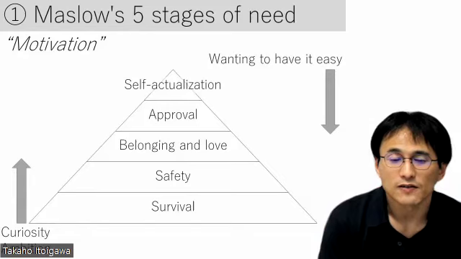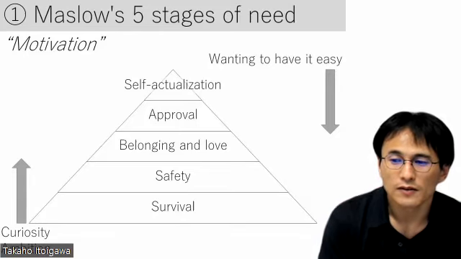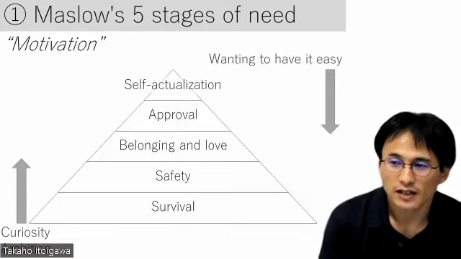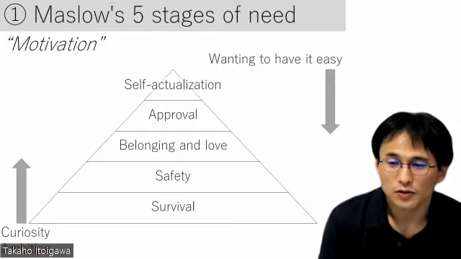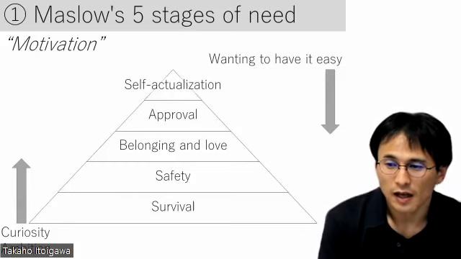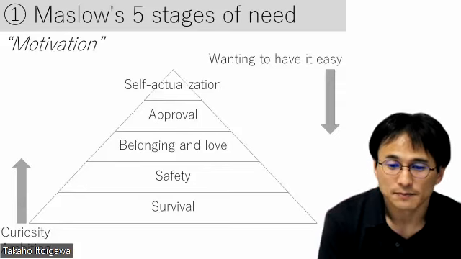The five levels of needs are said to be based on the idea that if the lower level of need is not satisfied, the higher level of need will not occur. Maslow cites curiosity and ambition as the driving force behind the desire for higher level needs.